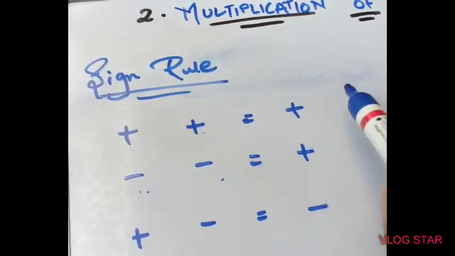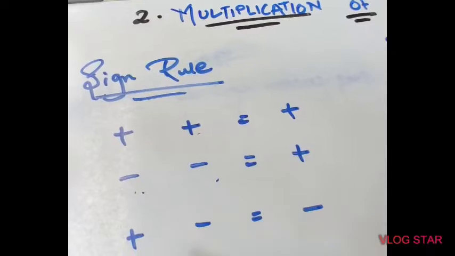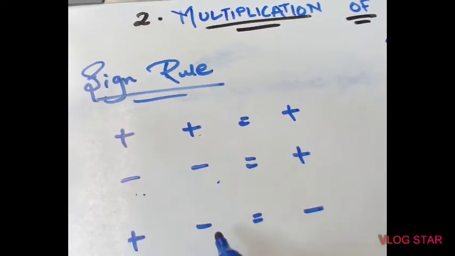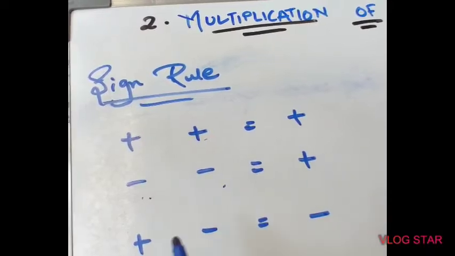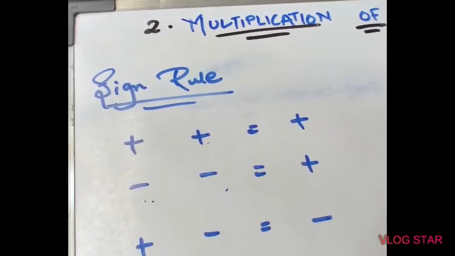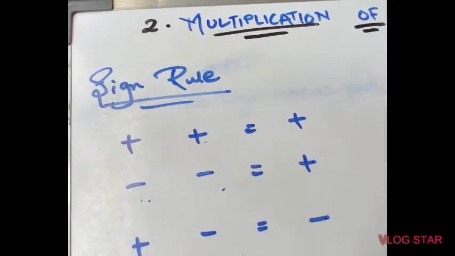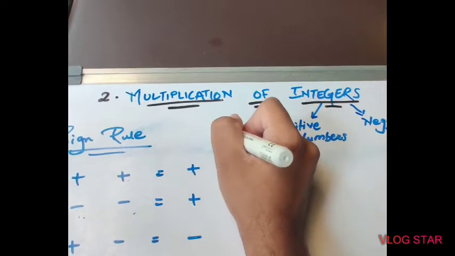So same plus, same plus. And whenever there are two different signs, that is plus and minus, the answer is always a minus. So different minus, different minus. Okay, now let's start with one example.